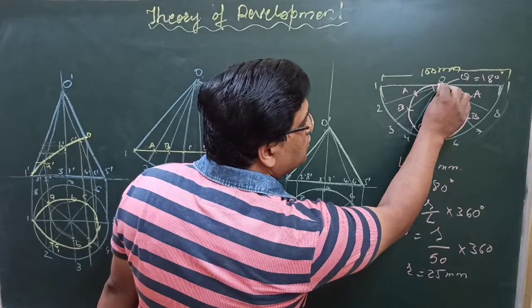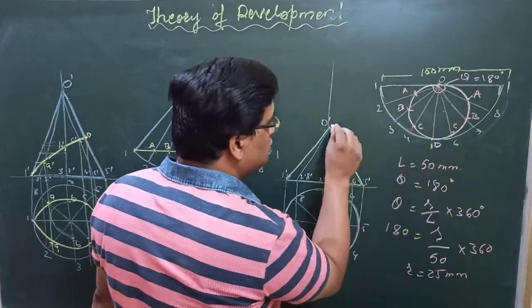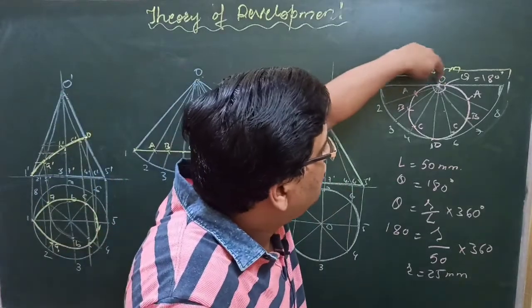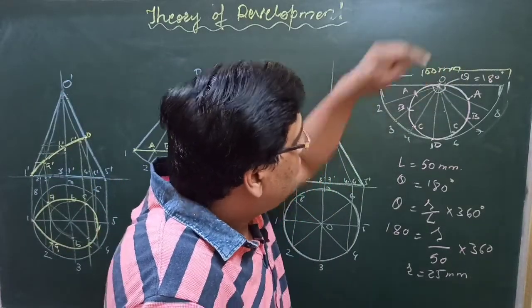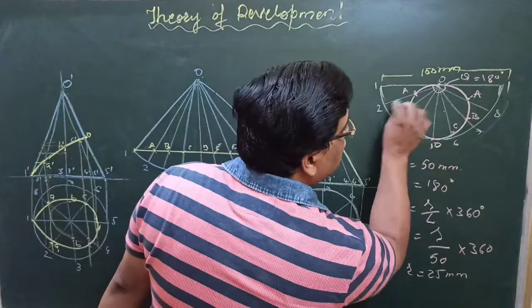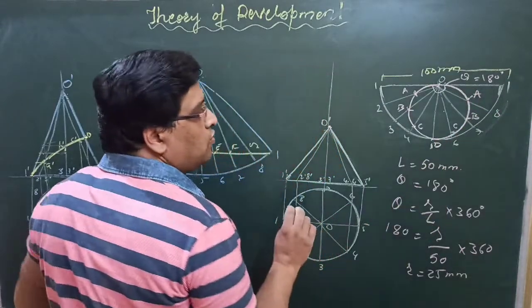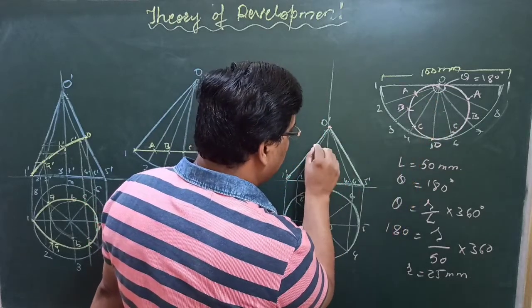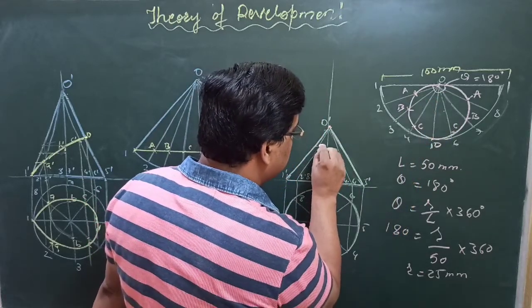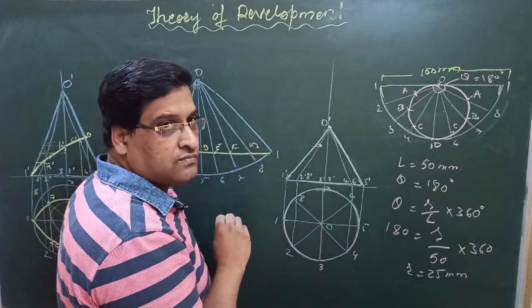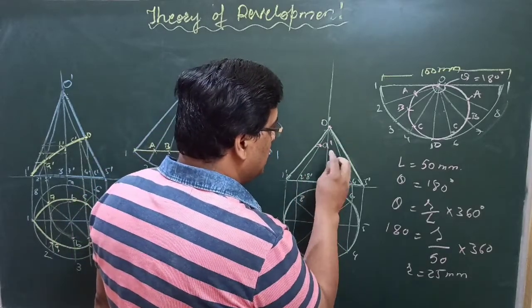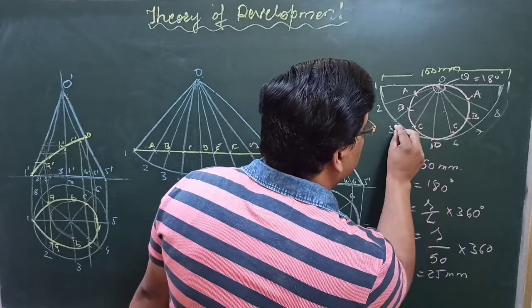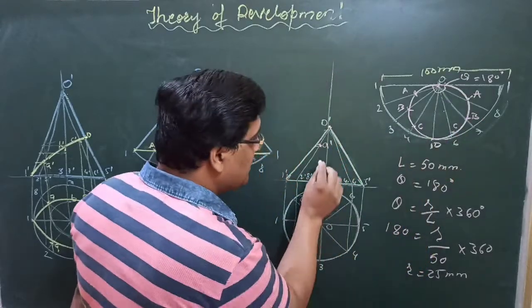So first O to A. The first point is O, so this is the point O. Initially it is cutting O1 at point O. Then OA is cutting on O2 and O8. So first take this distance somewhere around here and drop this side. So this will be the point, right? This is point A dash. Then OB, this distance on O3 and O7.